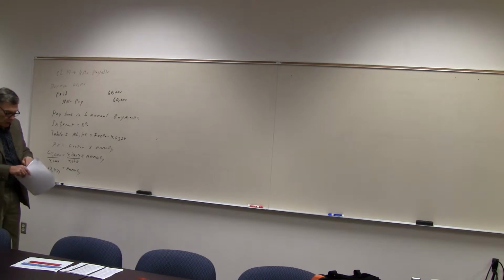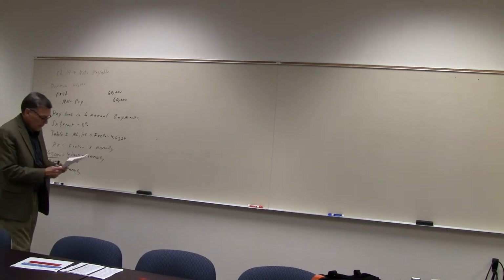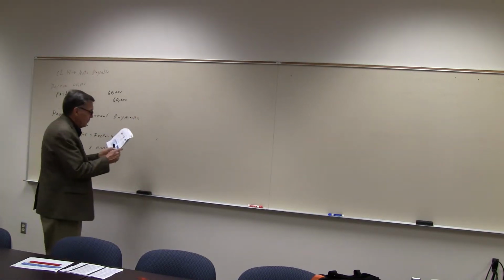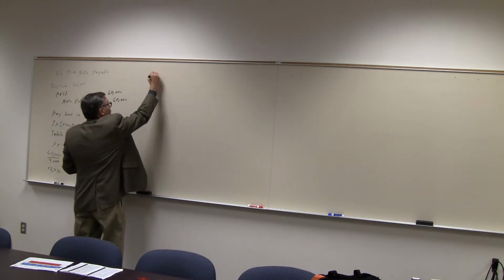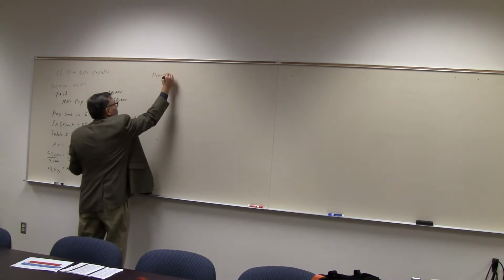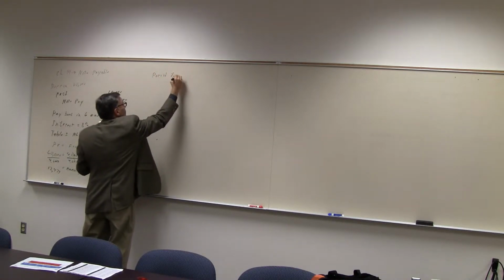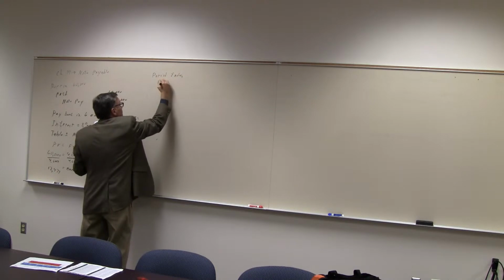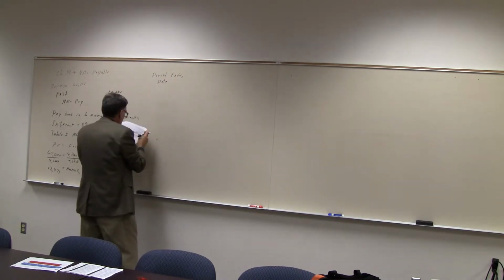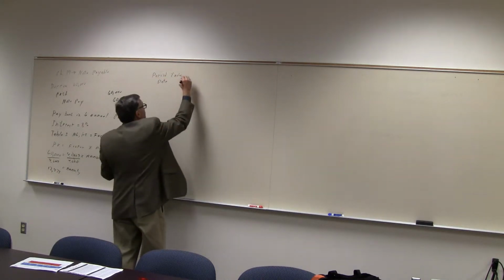Now, let me show you how this works year by year. Let me put up some columns here. In the far left column, we'll have period ending, and it'll be a date. In the next column, we'll have the beginning balance.